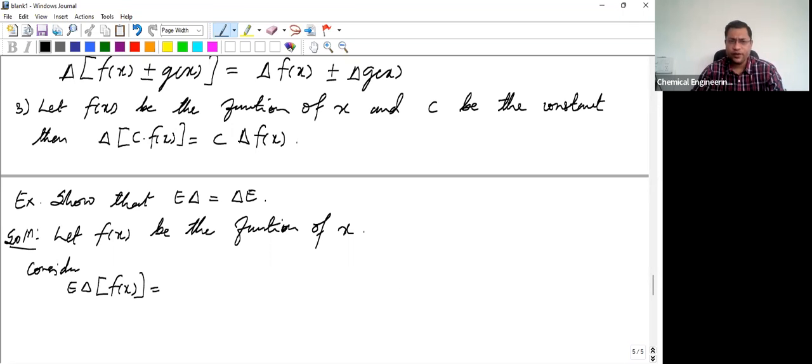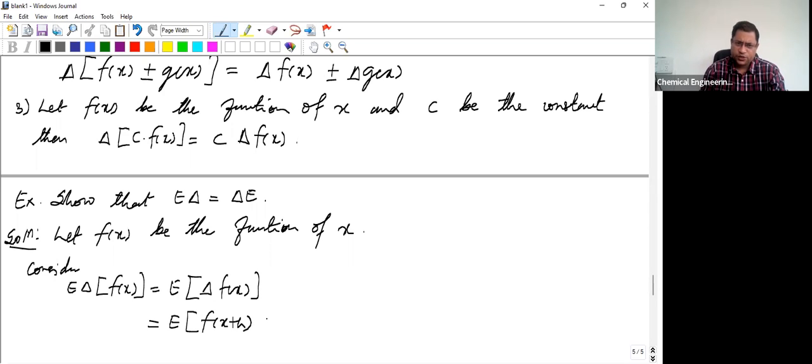Let us operate delta first. So shift of delta f of x, and we know the value of this. It is shift of f of x plus h minus f of x.